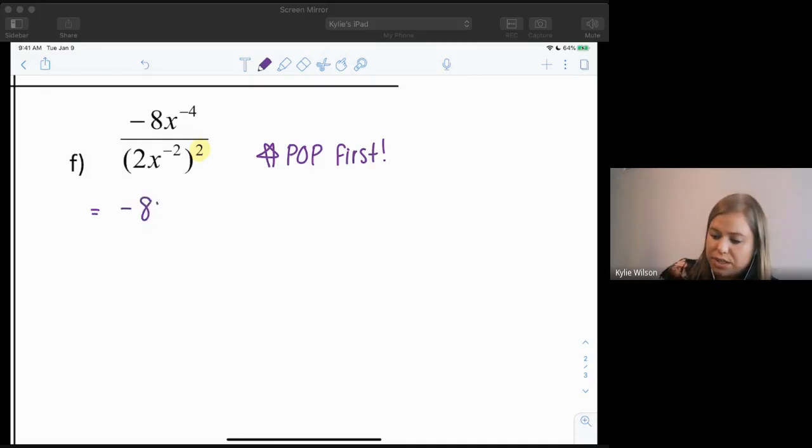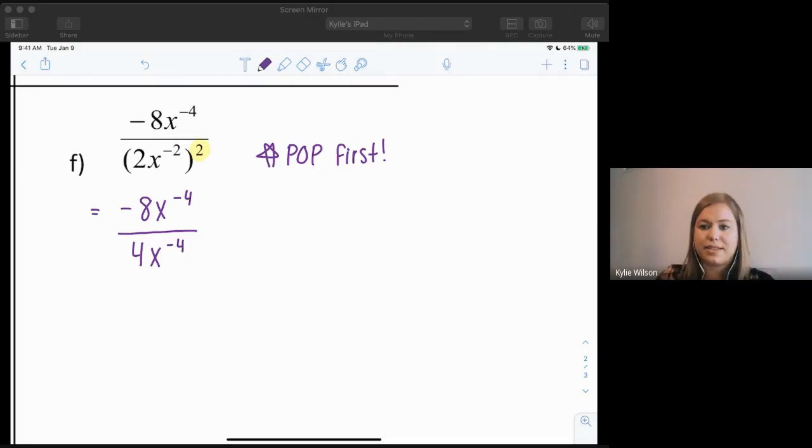So let's work with that power of a power first. We're just going to leave that negative 8 x to the power of negative 4 alone, and it can just hang out for a little bit. And now we'll deal with the power of a power. So on the bottom, 2 to the power of 2 is just 4. And now we are using our power of a power. So negative 2 times negative 2 is negative 4, like this.